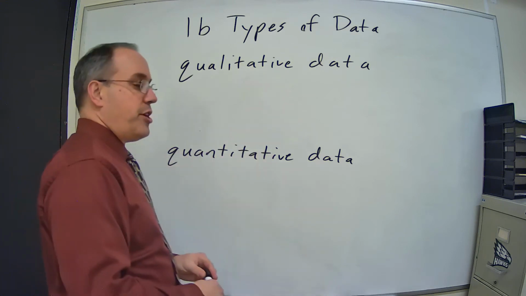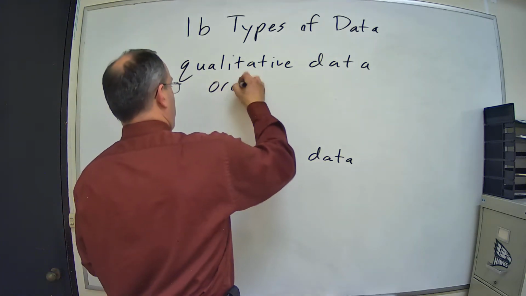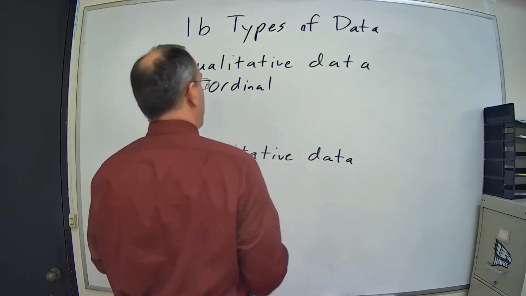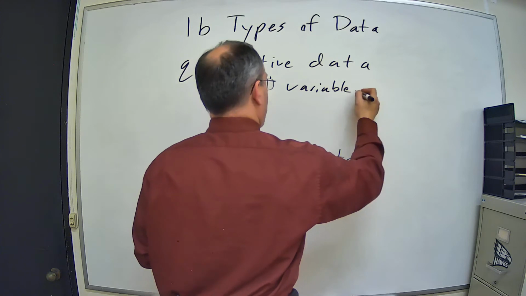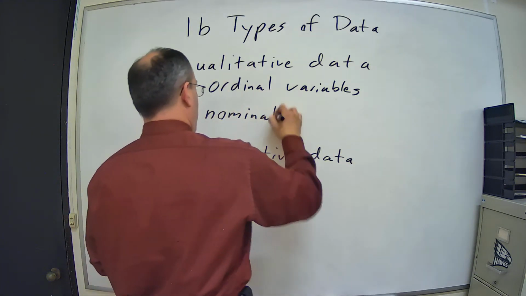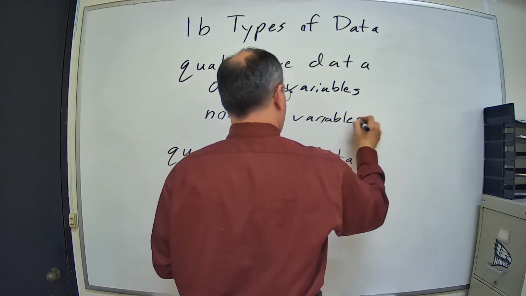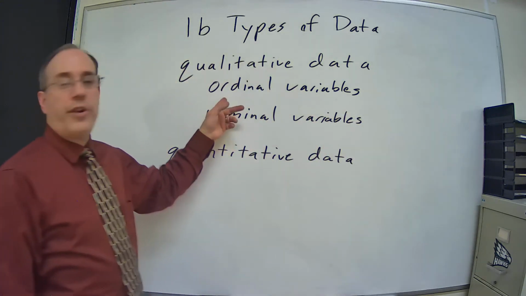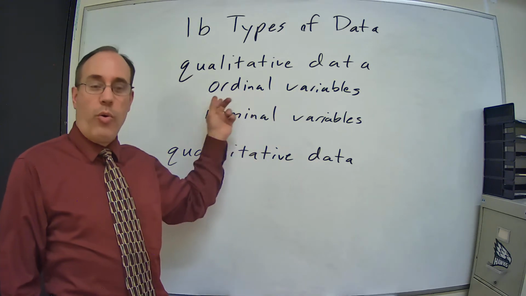Qualitative data generally gets broken down into ordinal variables and nominal variables. Ordinal variables are those that have a natural order, ordinal order.